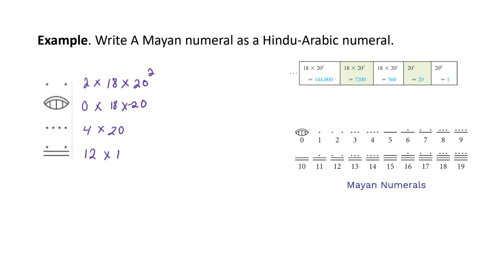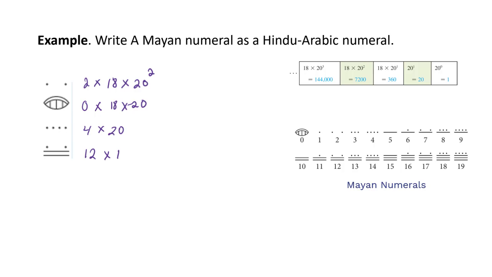And to decipher this number, I start on the bottom. I have a 12 in the place of the 1, so multiply it by 1. And then these 4 dots represent 4. Multiply it by the next place value, which is 20. I have a 0. This is on the place of the 360, so multiply it by 360, which is 18 times 20.